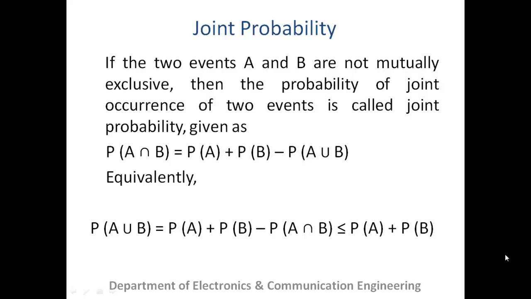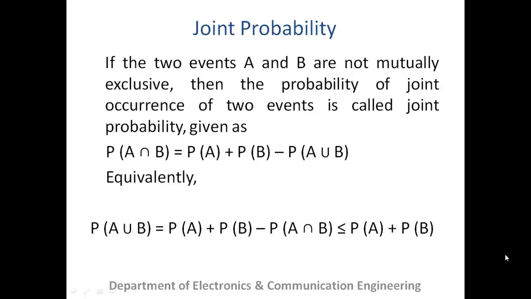But the joint probability is defined for events which are not mutually exclusive. The probability of the joint occurrence of the two events is called the joint probability, which is given as the probability of the intersection of the two events A and B, which is equal to the sum of the individual probabilities minus the probability of the union of the two events.